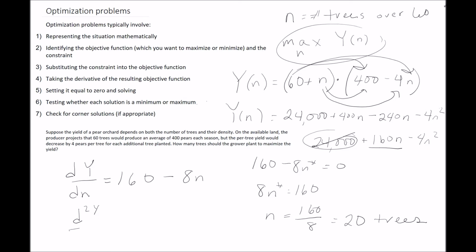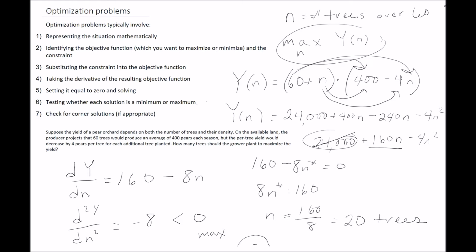So I'm going to do that. D squared y dn squared is equal to negative 8. That's less than 0. So I know that this is a maximum. Another way of thinking about that is that the function at that point is opening down, so the second derivative should be negative.